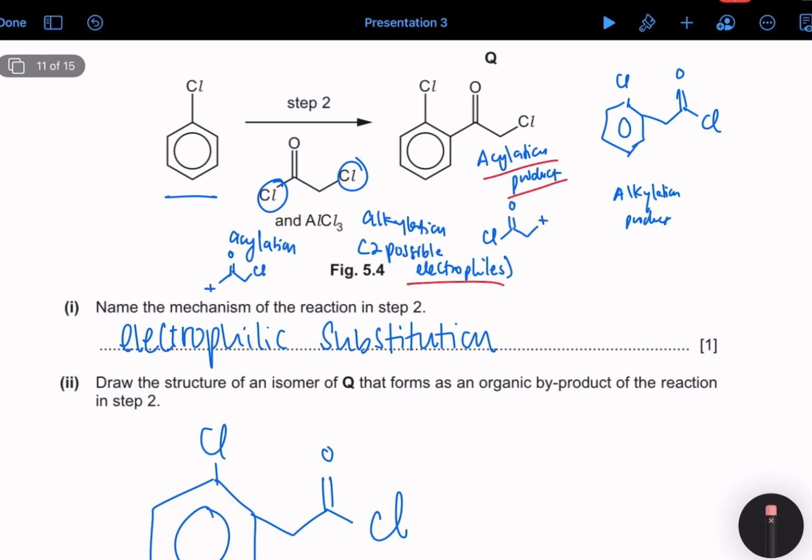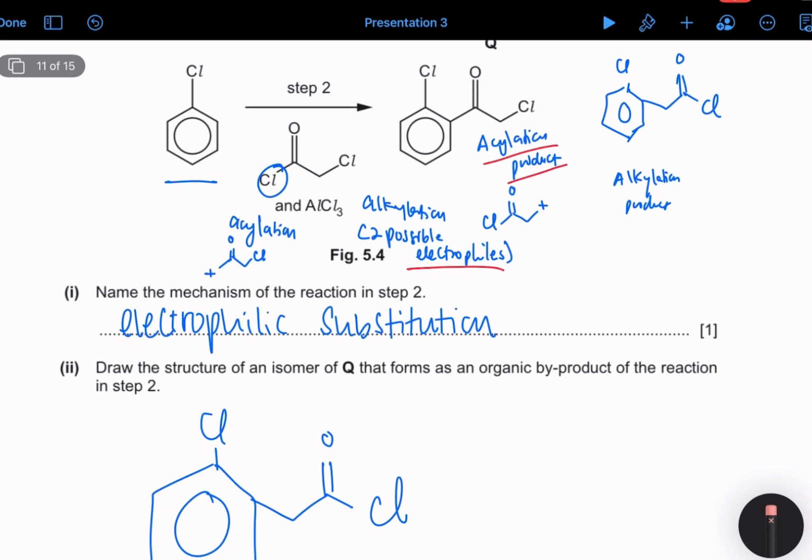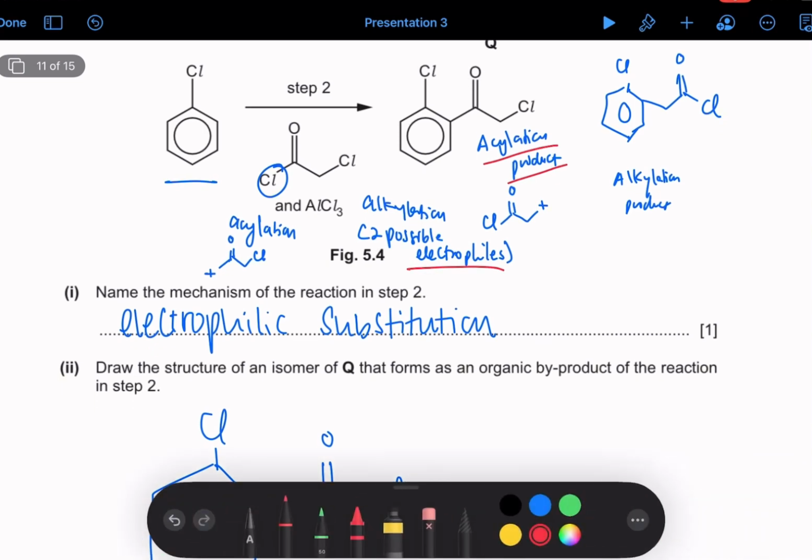So for your acylation, basically pretend that this one is gone. That would be your acylation product. And for your alkylation product, pretend that the other Cl is gone.